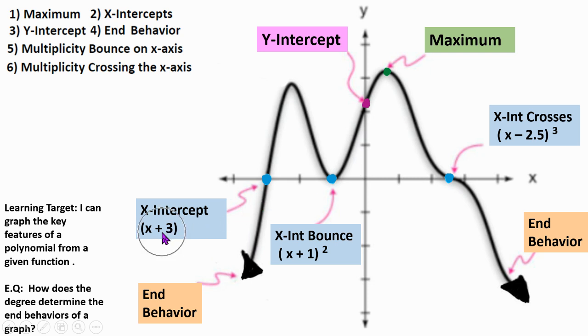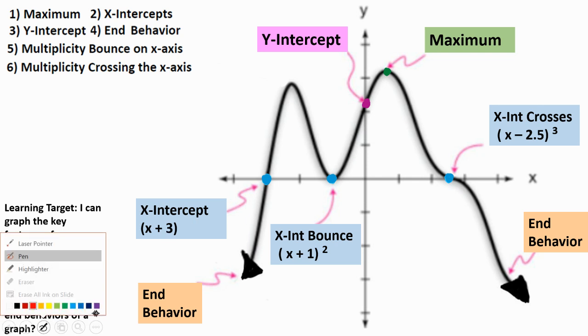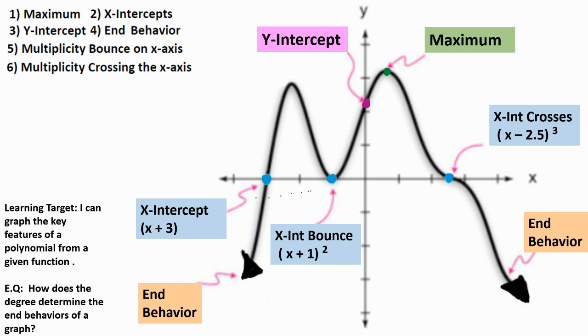If there is only one x-intercept at x equals -3, hopefully you realize the intercept here is going to be at x equals -3, and this is the factor. And then here, this is when x equals -1, and the way it's written here is a factor, and same thing here, x is going to equal 2.5.